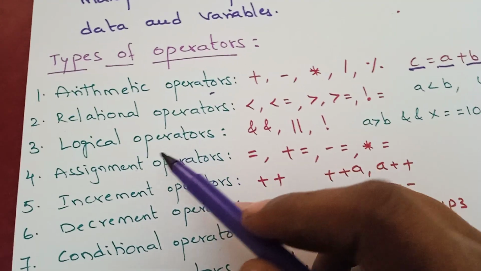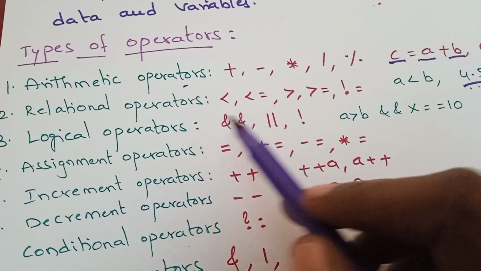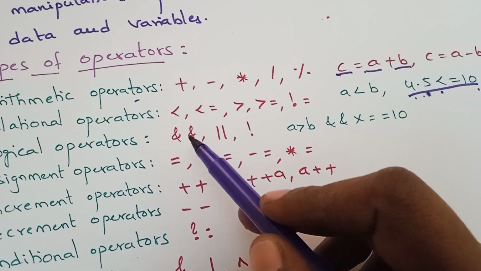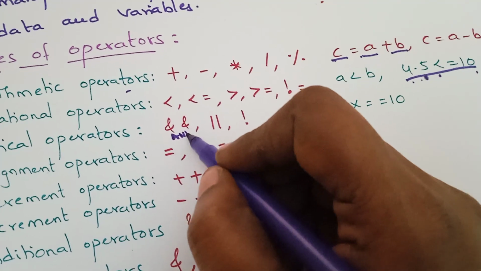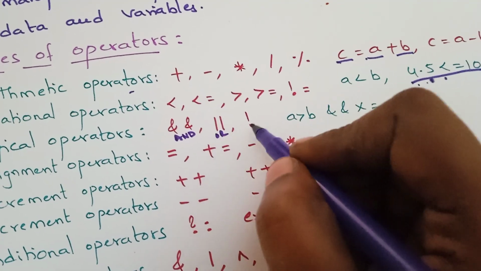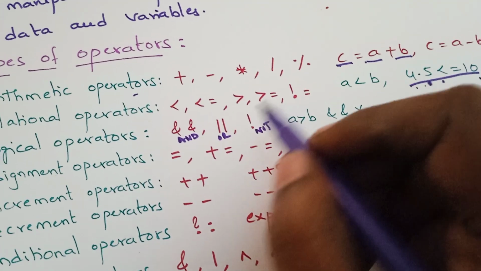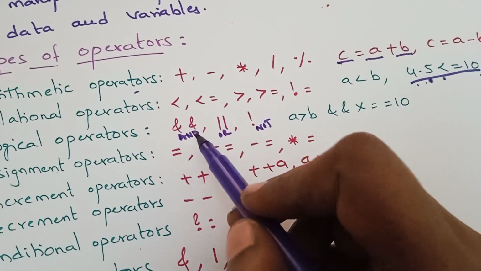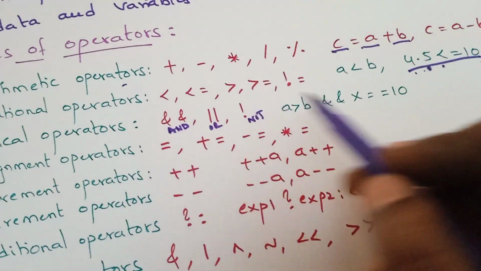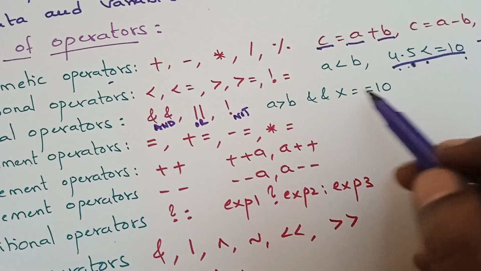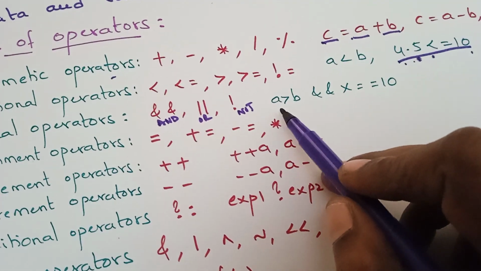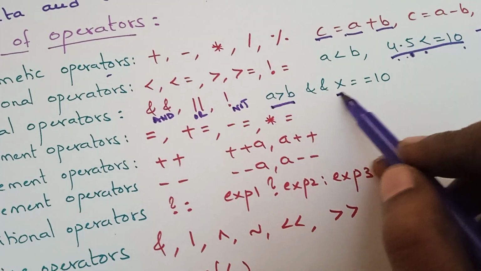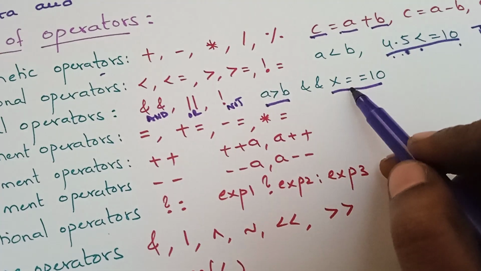And logical operators. The logical operator symbols are logical AND, logical OR, logical NOT. The name itself tells that wherever you are using this operator, the statements have to be true. With the AND operator, if it is written in between two different statements, both the statements have to be true.